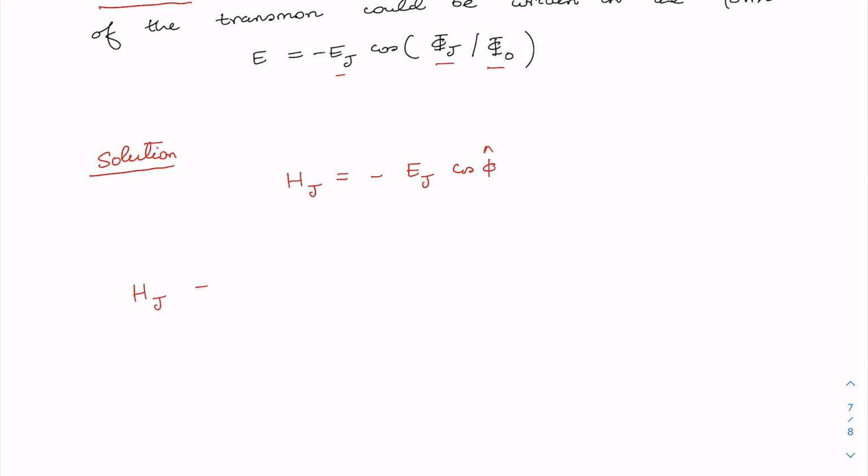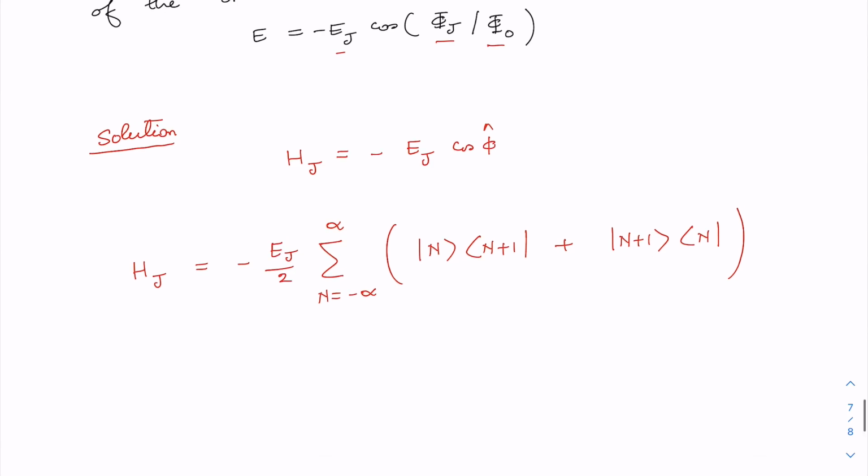So Hj is equal to minus Ej by 2 sum over n running from minus infinity to plus infinity, of ket n plus 1 bra n, plus ket n bra n plus 1. So this is the Hamiltonian we started with.